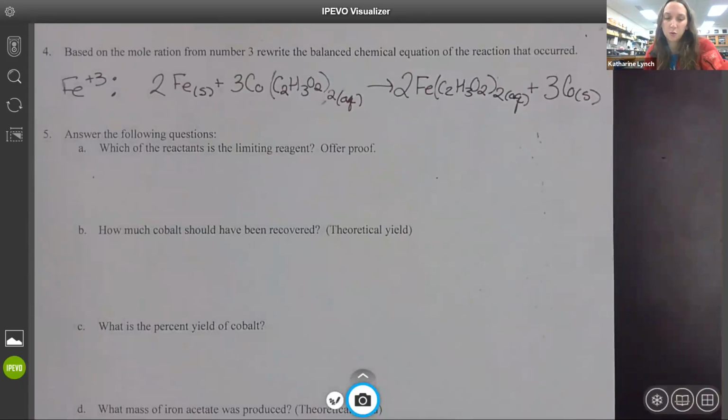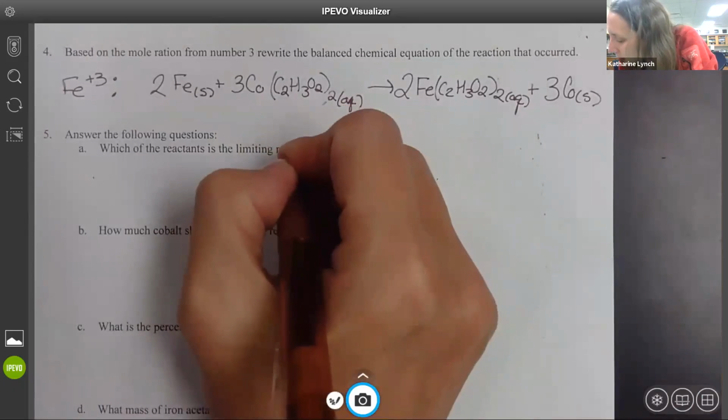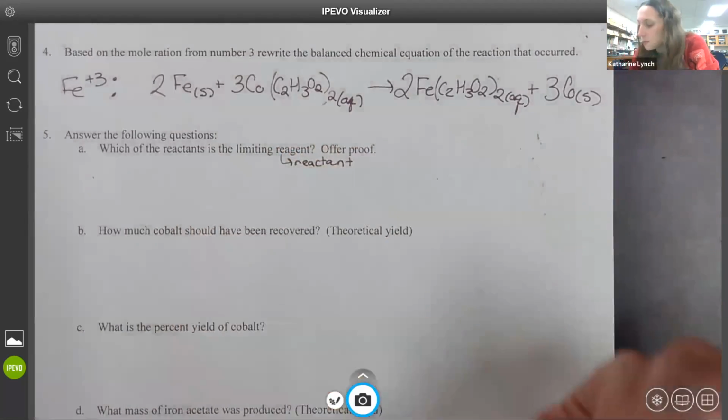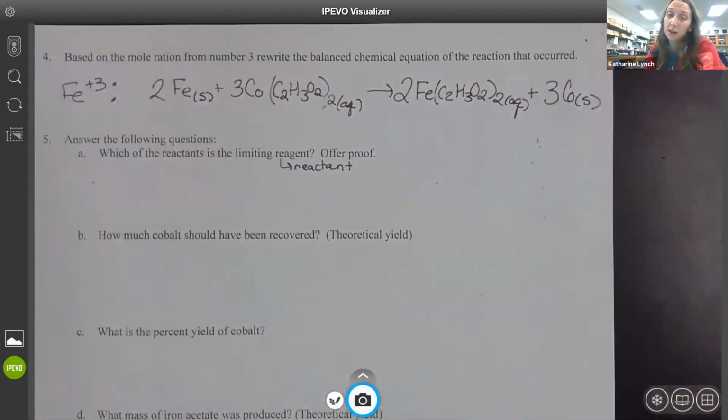Okay, so I've got my balanced chemical equation from the front. Now I can answer some questions. Which of the reactants is the limiting reactant? Offer proof. And again, reagent's another great word. I usually say reactant. Either one's okay. You could go through the process of a BCA table and find the limiting reactant that way.